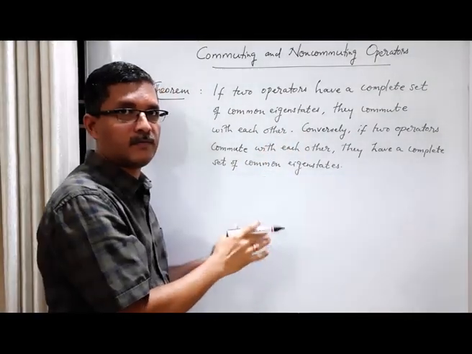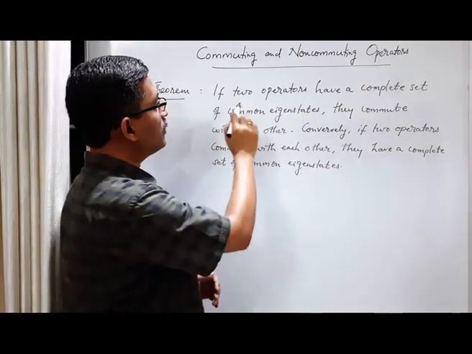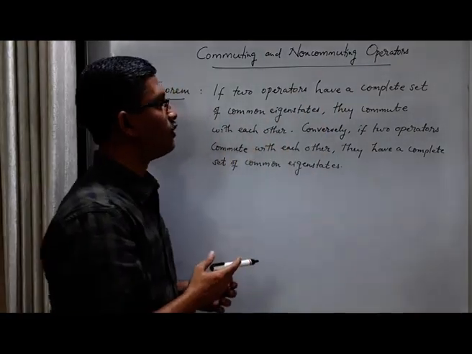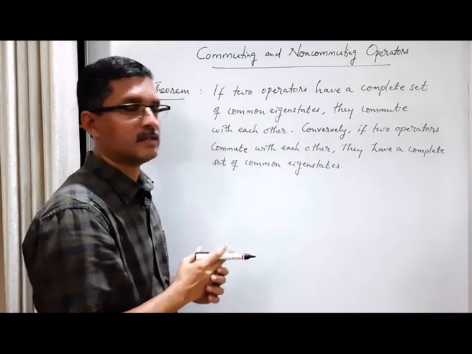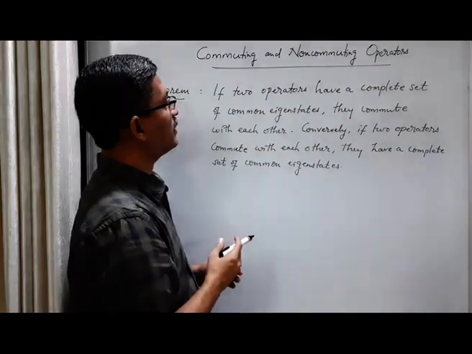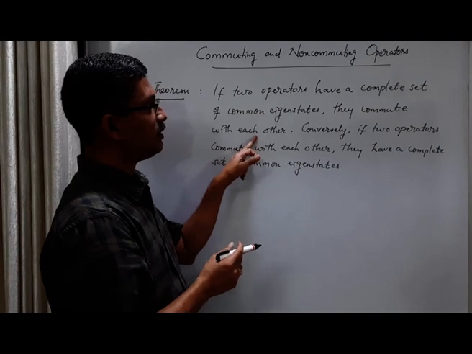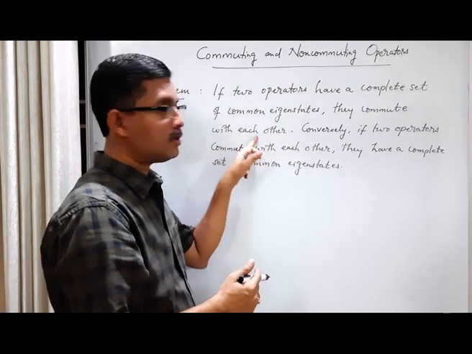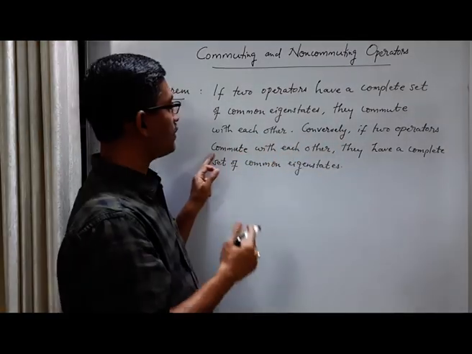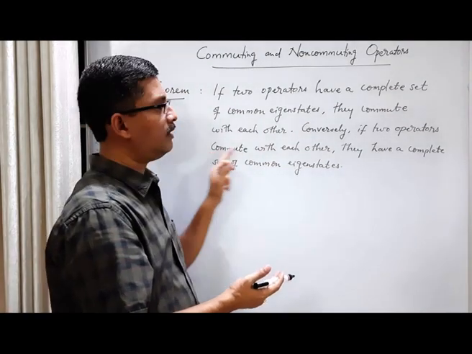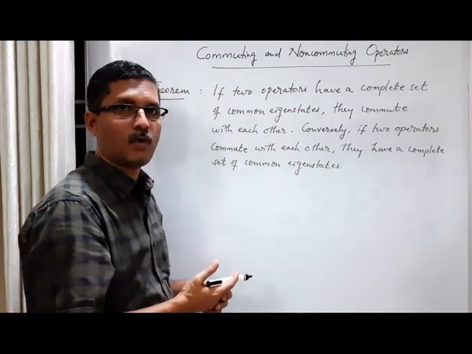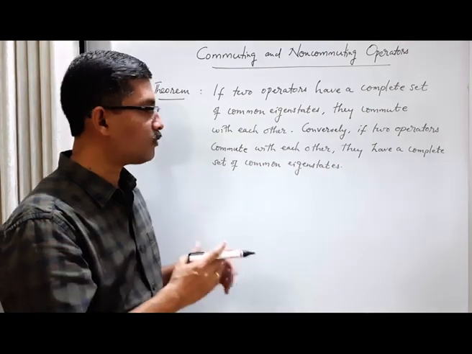This is what we have stated before. If the two operators have a complete set of common eigenstates, not just one eigenstate, they commute with each other, and the converse is also true. Conversely, if two operators commute with each other, they have a complete set of common eigenstates. Let us consider one example.